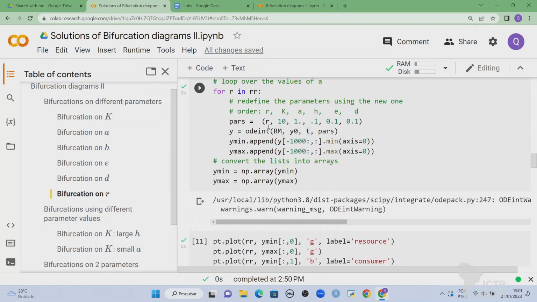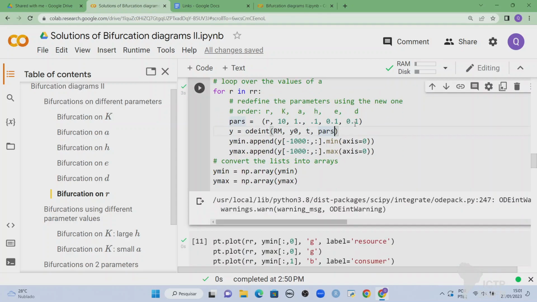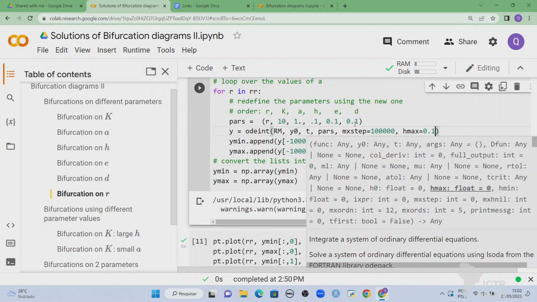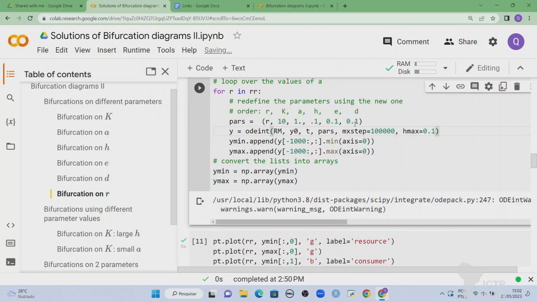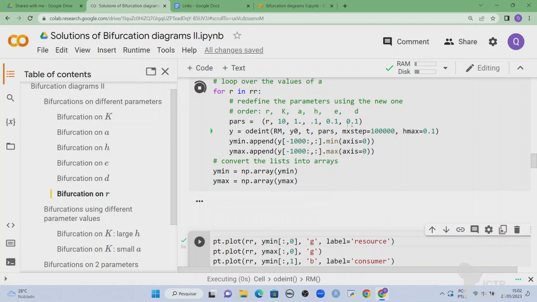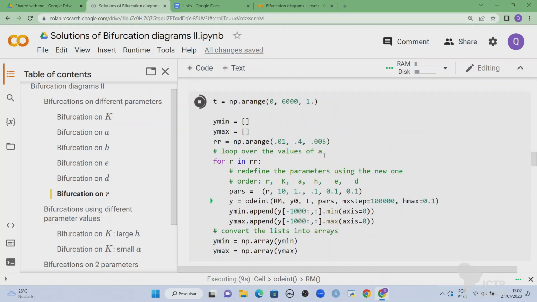So I have the ODEINT here. I will increase the maximum number of steps to 100,000 and HMAX to 0.1, the same as before. This is a guess. Let me run this again and see if I still have warnings and funny graphics. It will take longer usually.